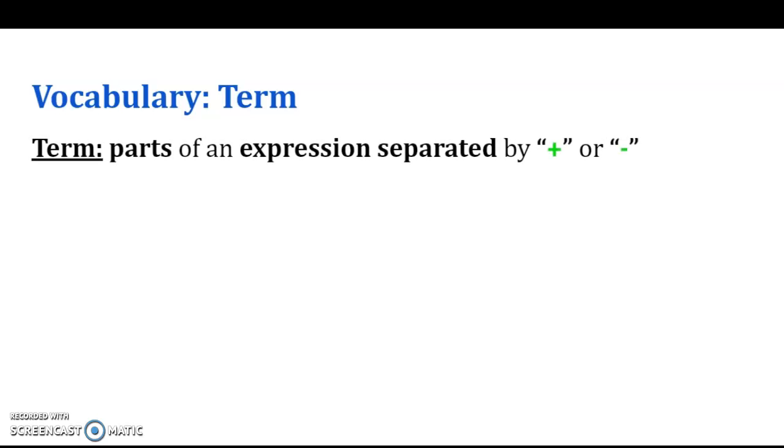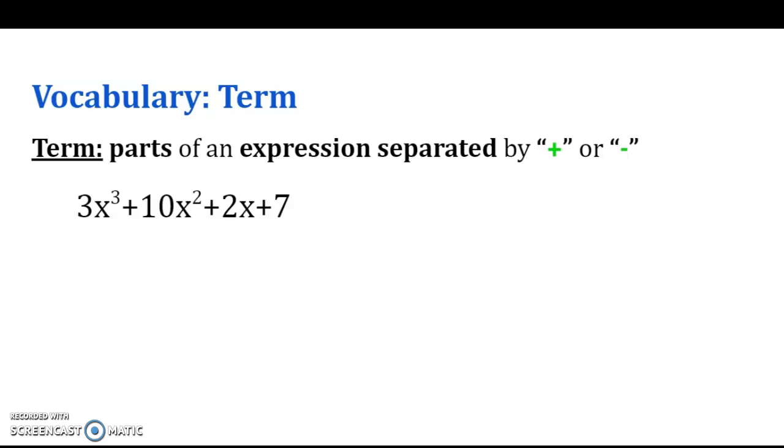So let's get back to the lesson slides and let's do some more vocabulary work. When we're talking about what we're doing, we are going to be using some vocabulary terms. In fact, a term. What is a term? A term is a part of an expression separated by addition or subtraction sign. So when you see this mathematical expression, it's separated by plus, plus, plus, right?